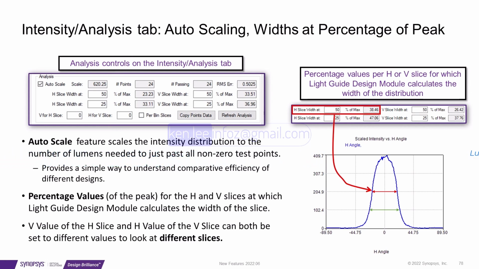Percentage values of the peak for the H and V slices, at which LGDM will calculate the width of the slice. The V value of the H slice and H value of the V slice can both be set to different values to look at different slices.